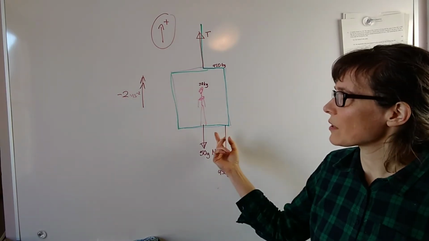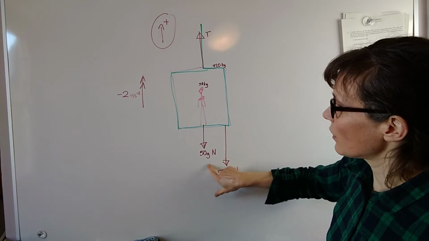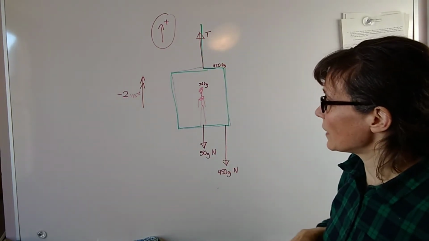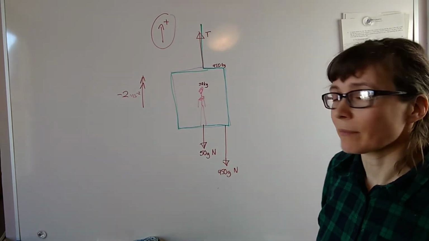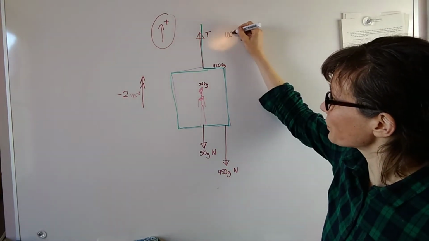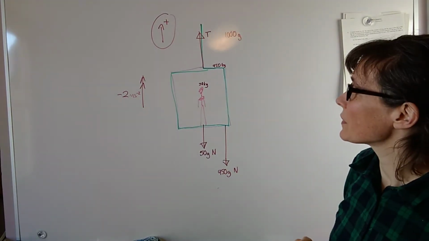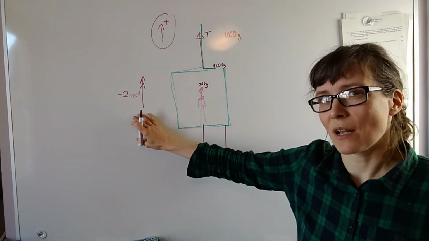So if this was going at a constant velocity, we could happily say that these would add up to that and it would all be equal. So in equilibrium, T would be 1000 g. But it's not, because we're not in equilibrium.